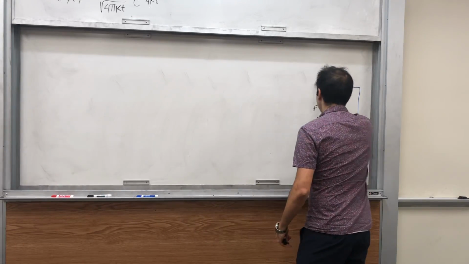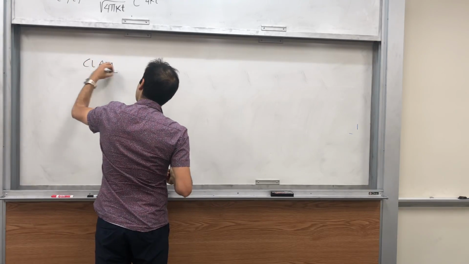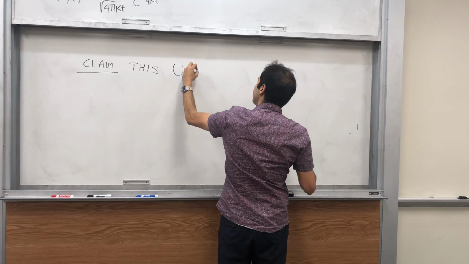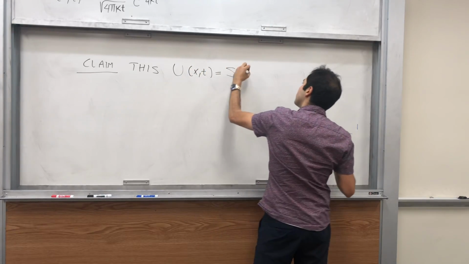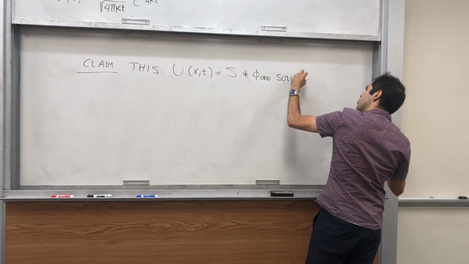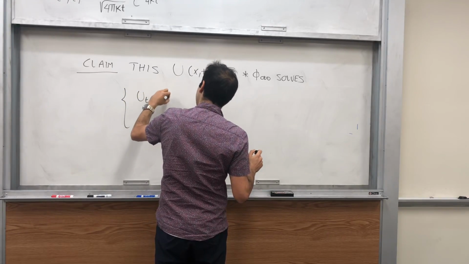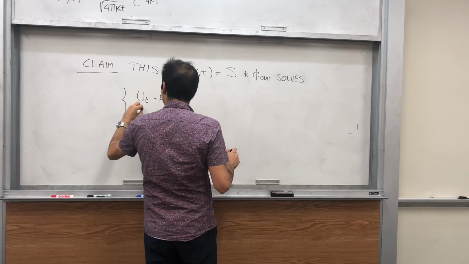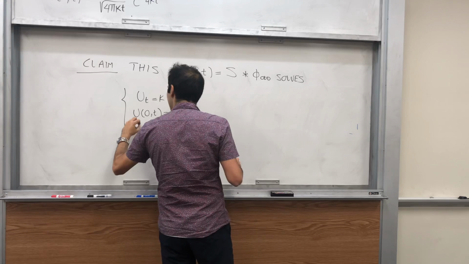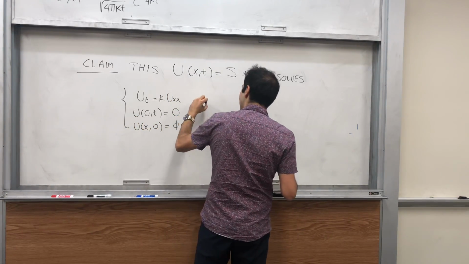So here's why. Claim: this u above, u(x,t) equals S convolved with phi odd, solves our original problem. So it solves u_t = k u_xx, and u(0,t) = 0, and u(x,0) = phi of x, again, for x positive.